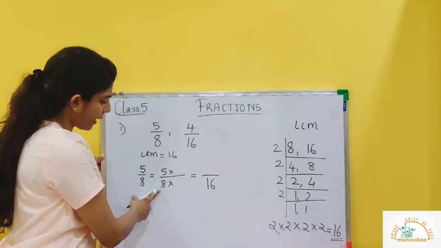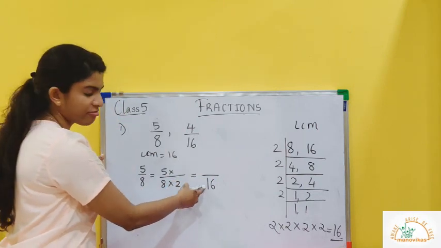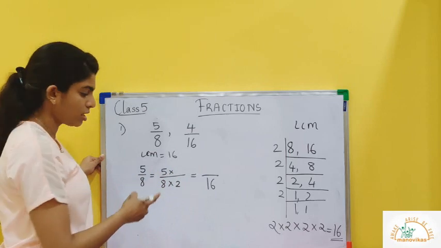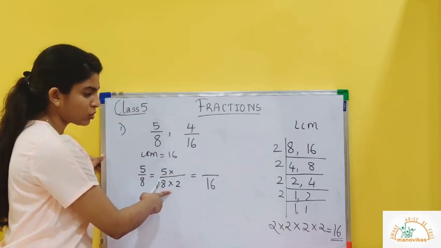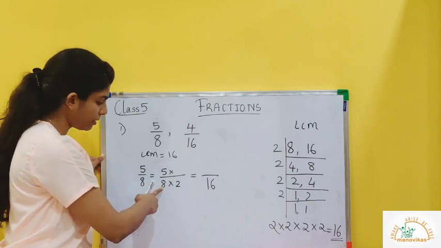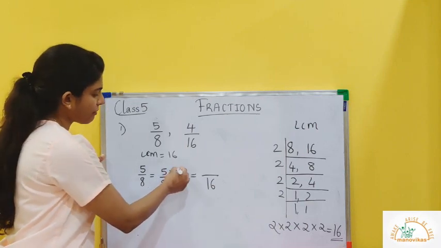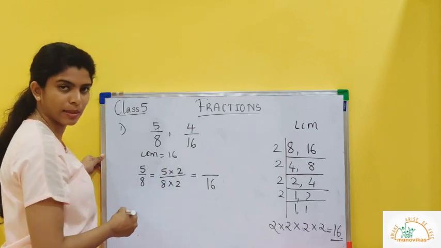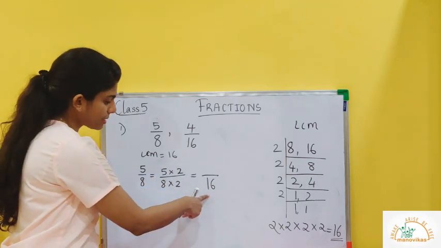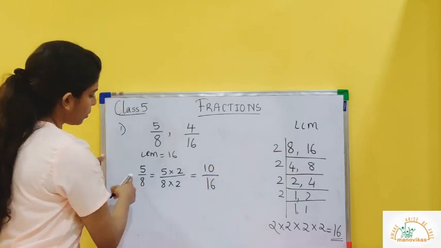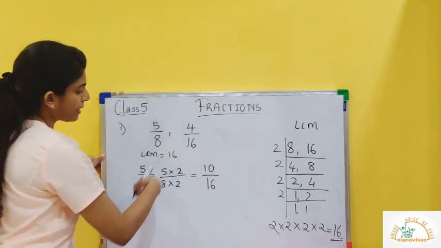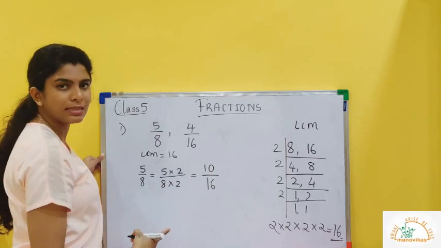So what is it? 8 2s are 16, right? As I told you all, whatever I multiply to the denominator has to be done in the numerator. Now 8 2s are 16, 5 2s are 10.